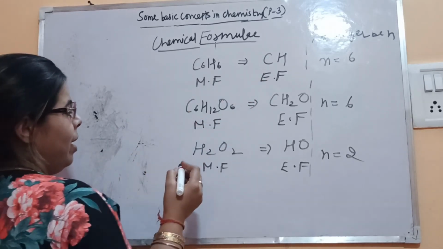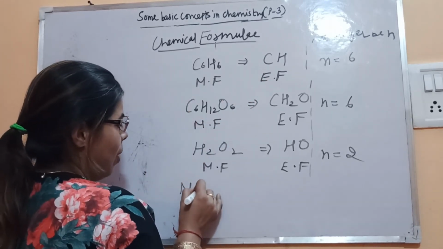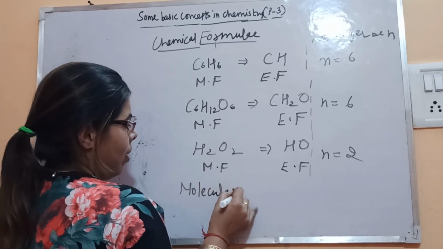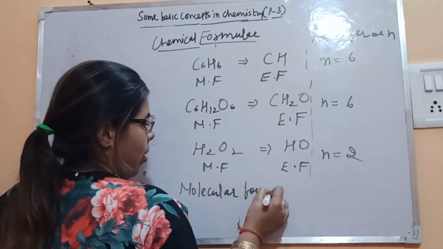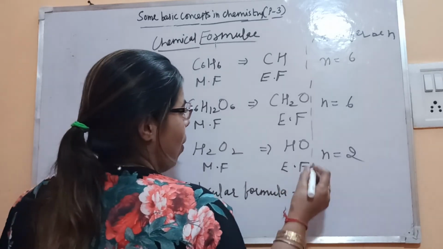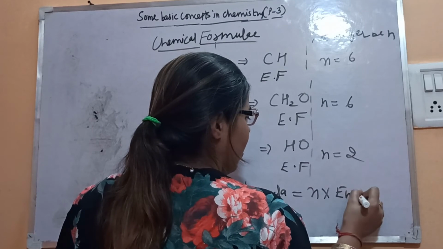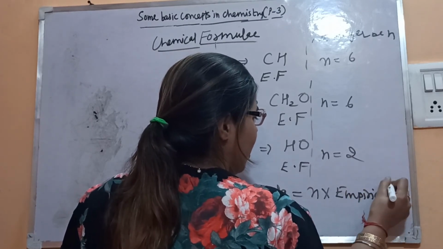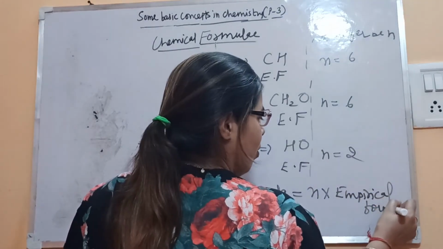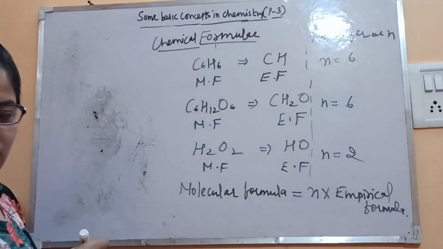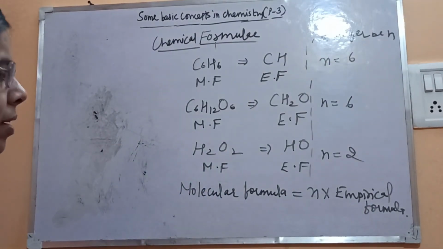So we can write: the molecular formula is an integral multiple of the empirical formula. So n times the empirical formula. In this form they are related to each other.